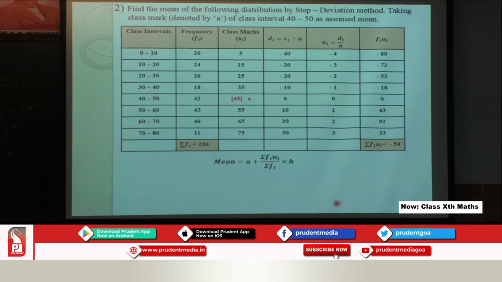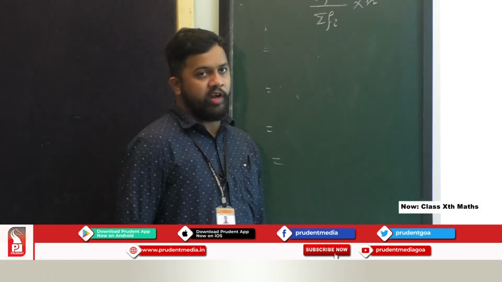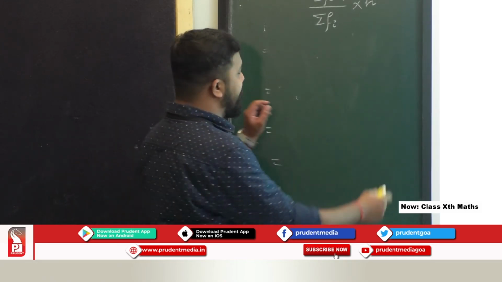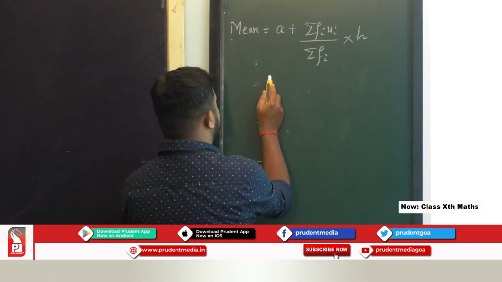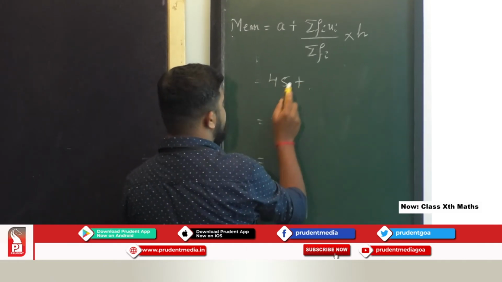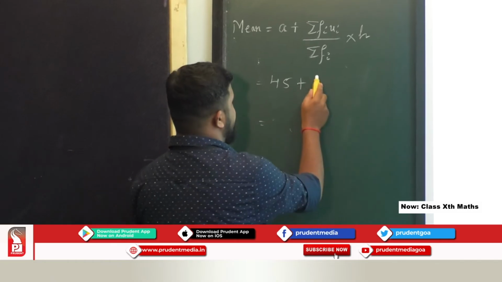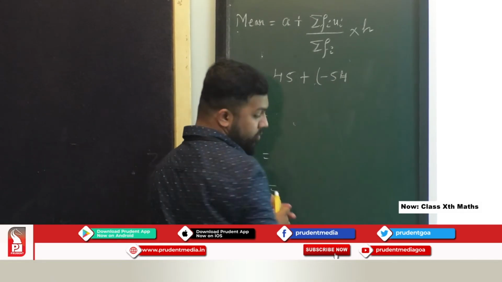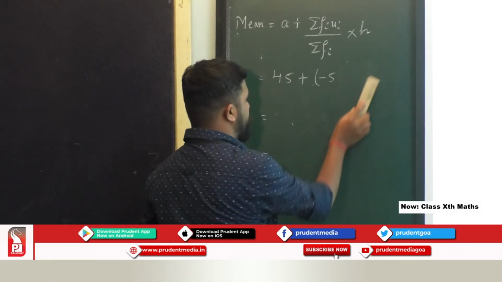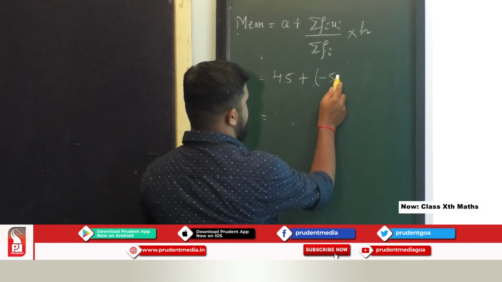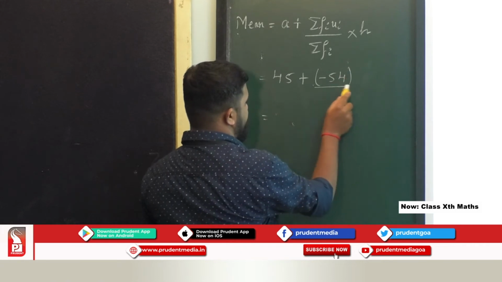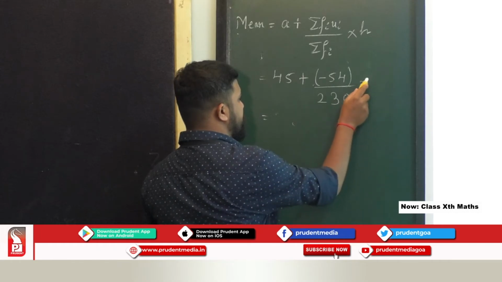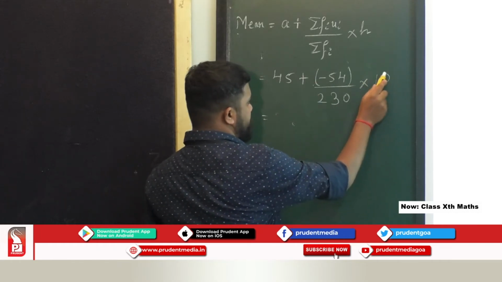Now let's find out the mean. So first of all, we should know what the assumed mean is. Assumed mean A is 45 and the class size h is 10. So A, 45, plus summation fi ui, which is minus 54, divided by summation fi, which is 230, times the height, 10.